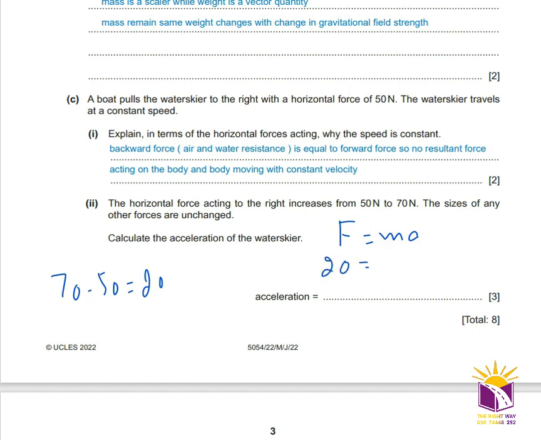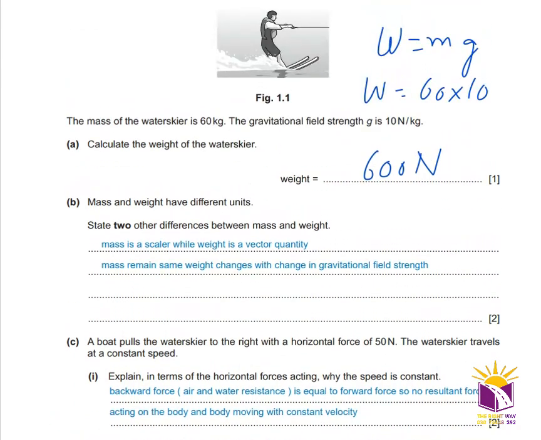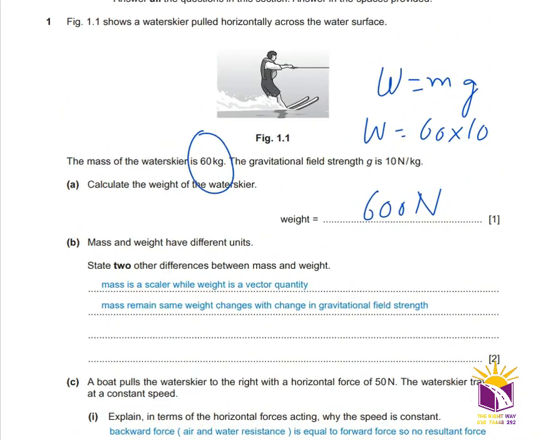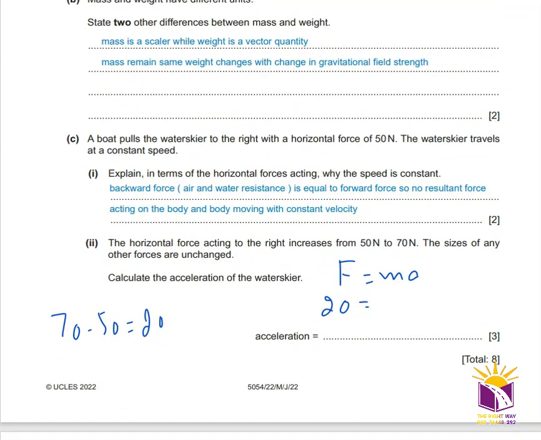Mass is 60 kg, and we have to find the value of a. a will be equal to 20 divided by 60, and will be equal to 0.34 meter per second square.